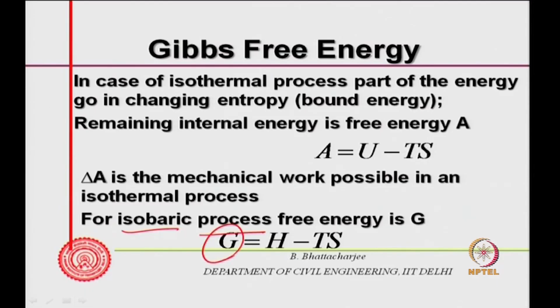So, G is called free energy and it is H minus T S. T S is the energy associated with entropy, and this free energy is what takes part in and influences the chemical or electrochemical reaction process.